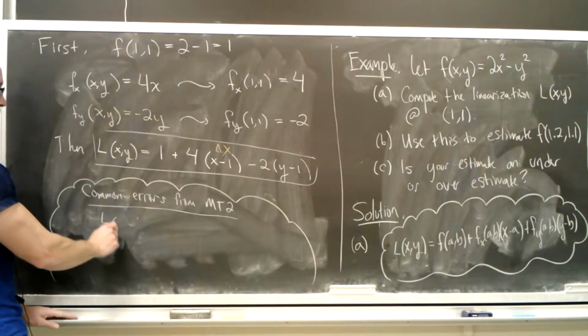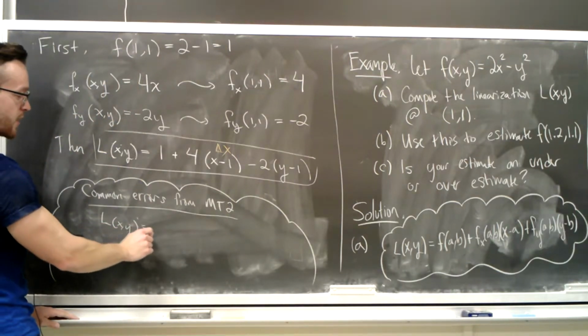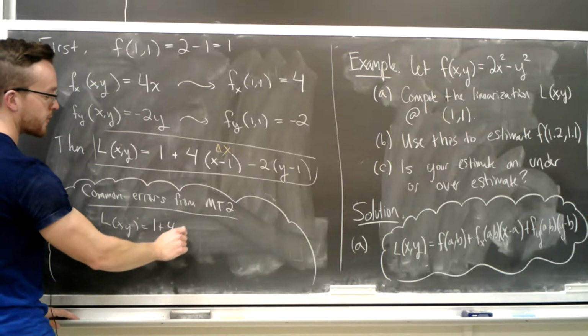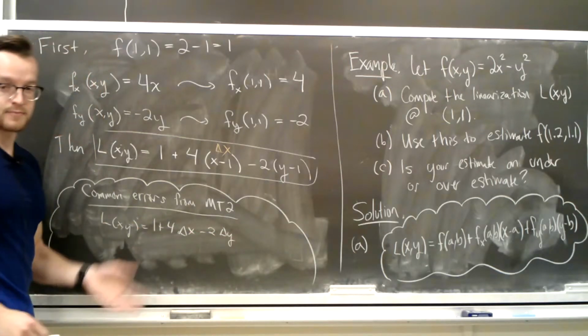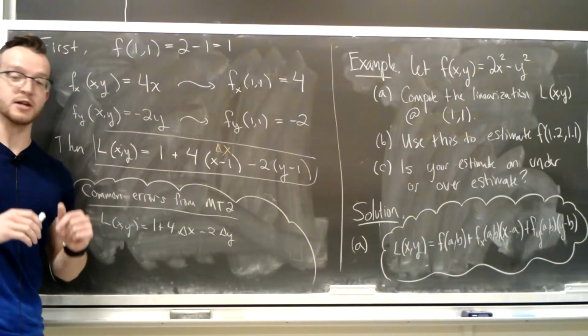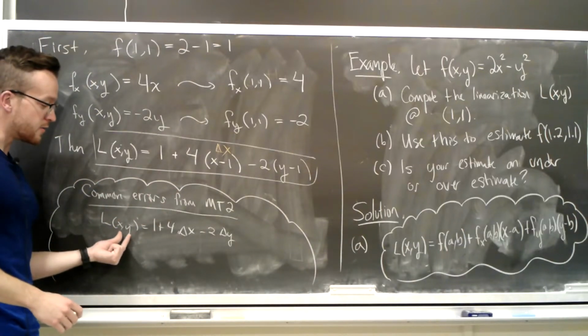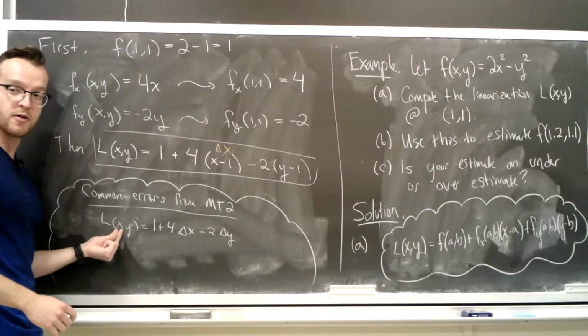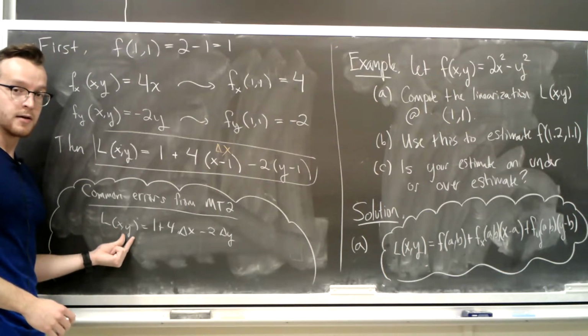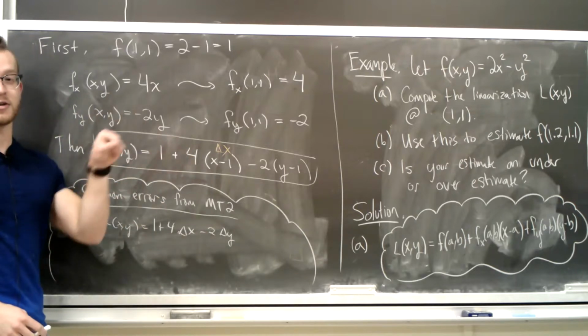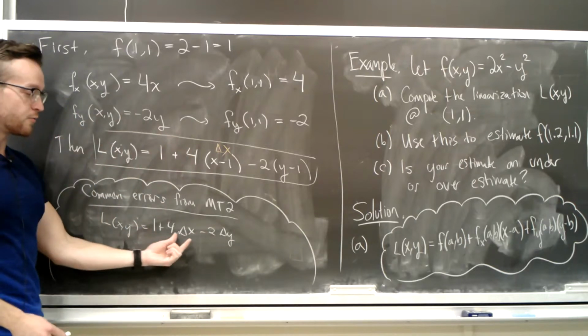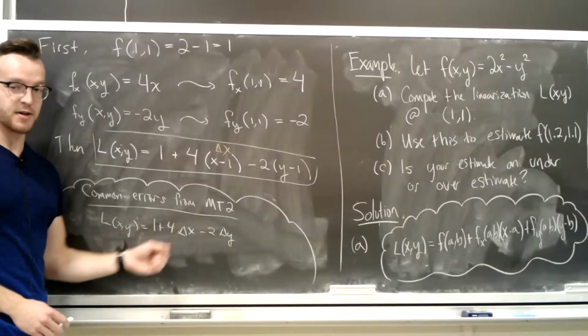Like I saw a lot of things that looked like L of xy is 1 plus 4 delta x minus 2 delta y. That does make sense. I know what you mean by that, but the linearization is a function of x and y. It needs to be an equation where you plug in an x value and plug in a y value, and writing something like this, it doesn't make sense.